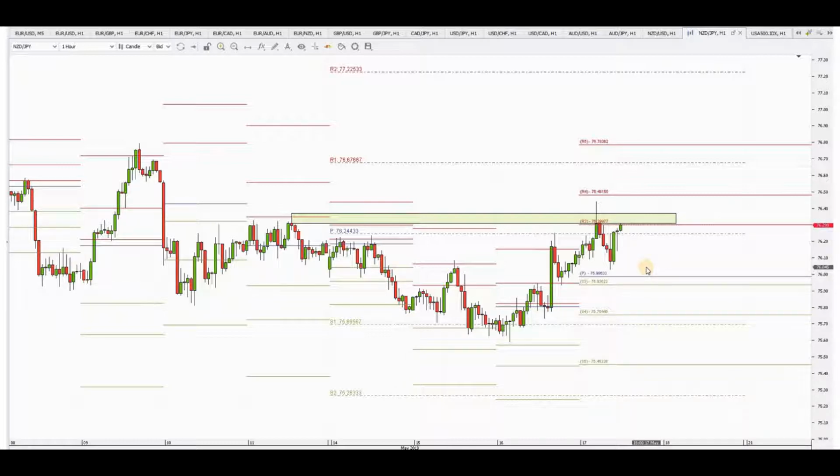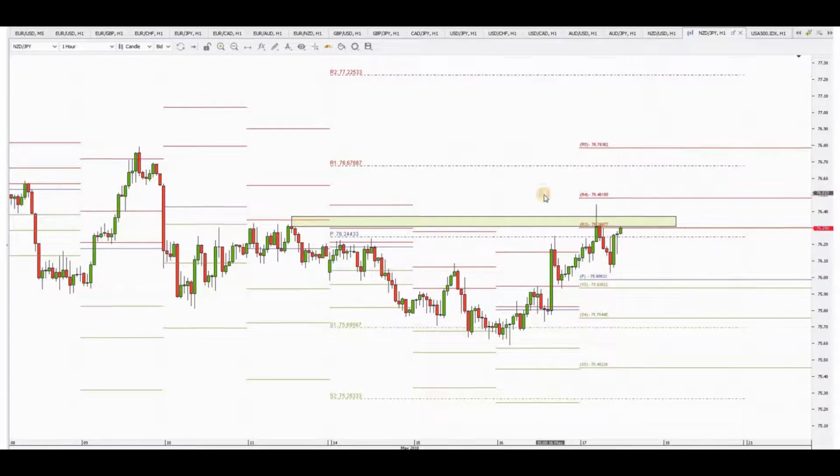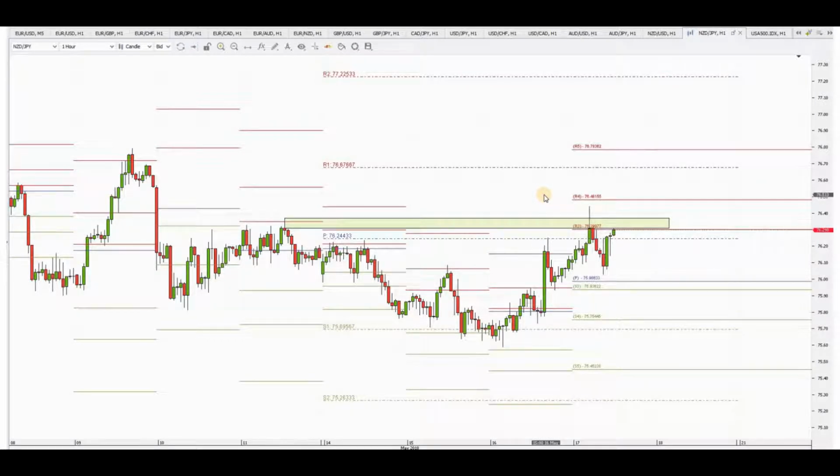This Camarilla pivot point is based on a pivot point, support areas and resistance areas. The difference between a standard or classic pivot point and a Camarilla pivot point is the calculation from the previous day. This is the Camarilla point based on a daily chart.